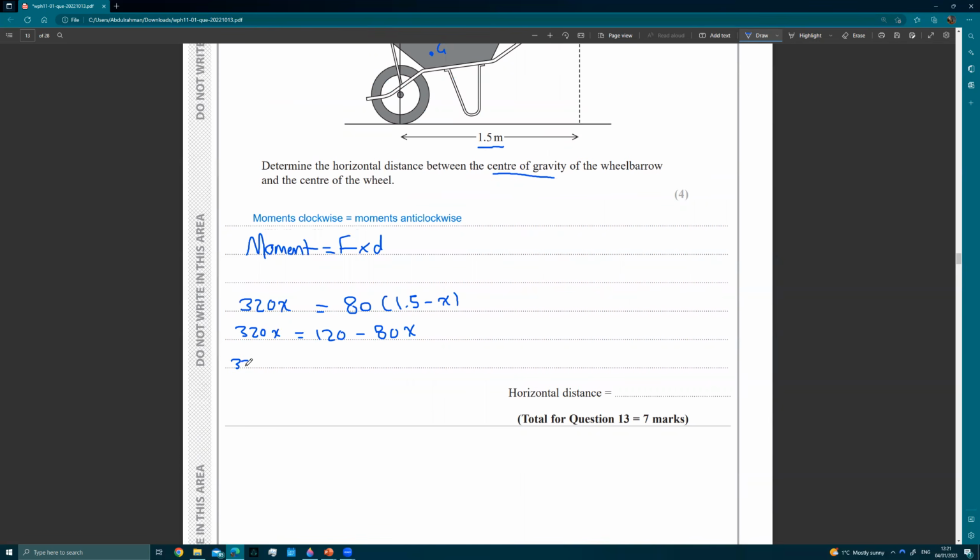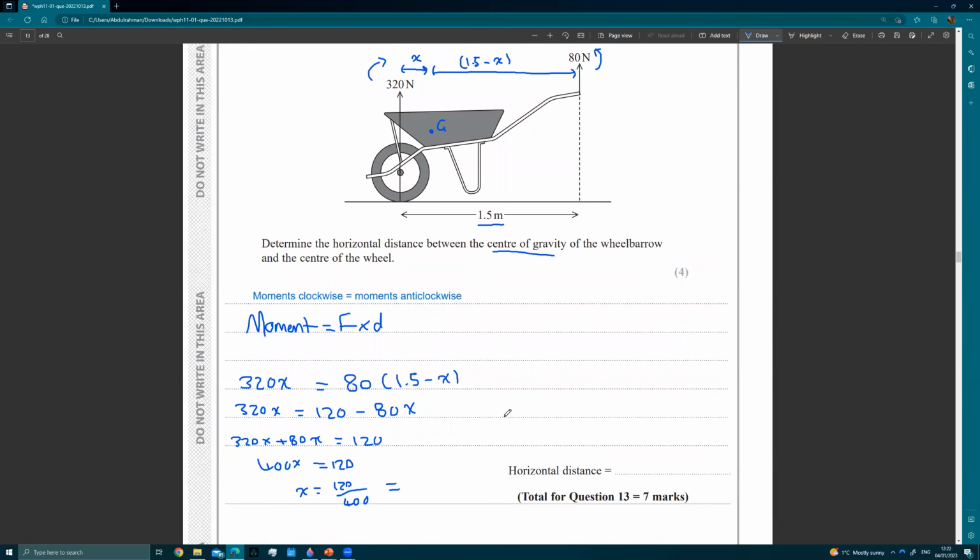So 320X plus 80X is equal to 120. So 400X is 120 and X is equal to 120 over 400. That will give you your distance, which is 0.3 meters.